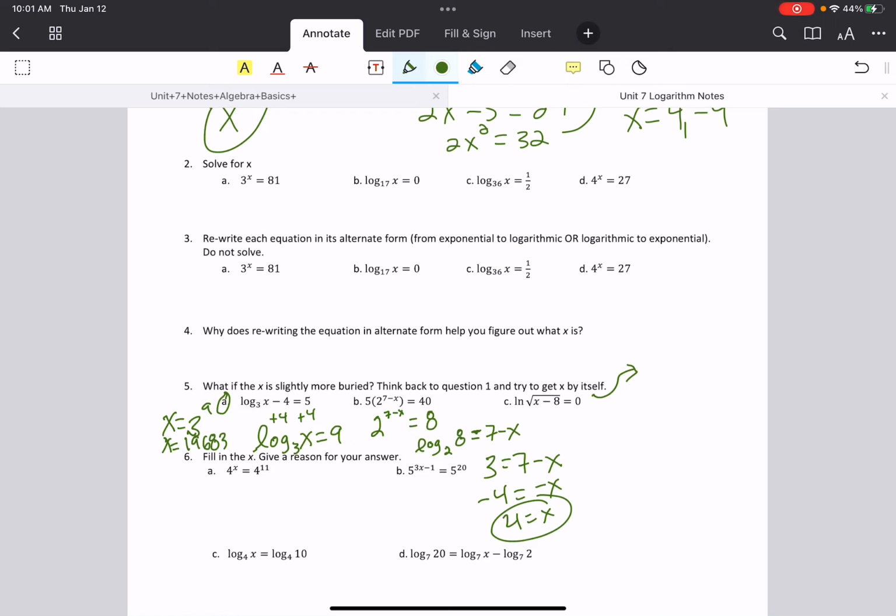What's the log base when it's ln? E. So this one, when I do my log conversion, it's e to the 0 equals the square root of x minus 8. And anything to the power of 0?